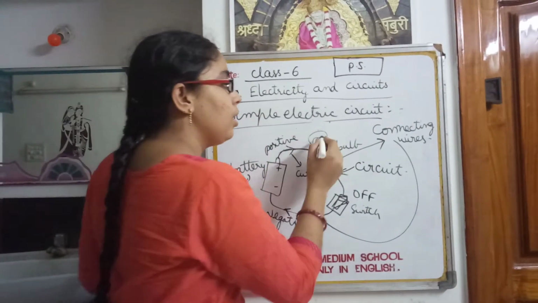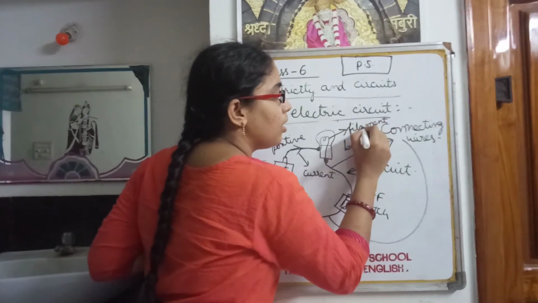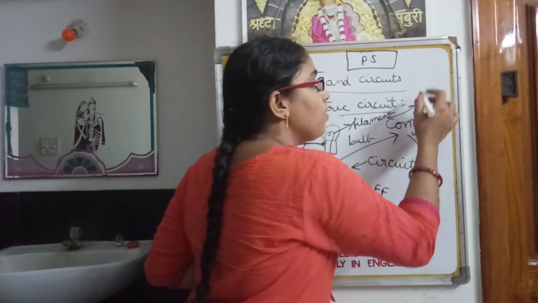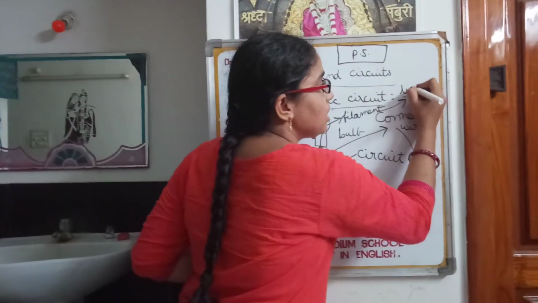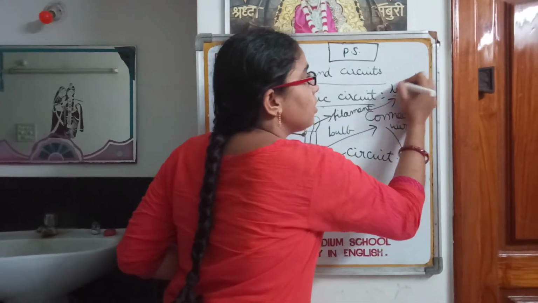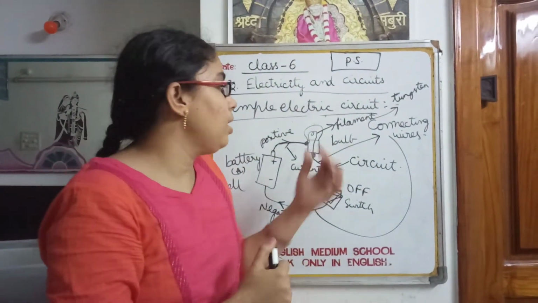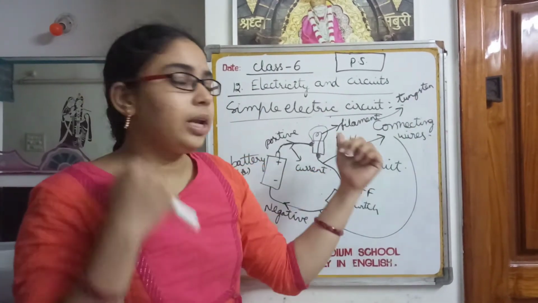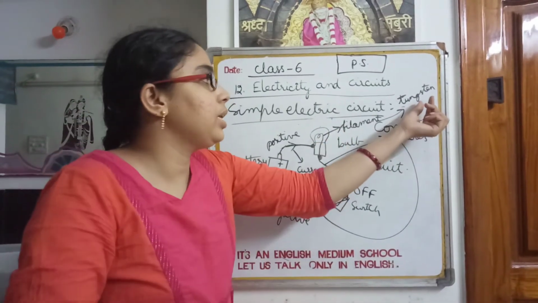That wire is called the filament. The filament is made of a material called tungsten. Tungsten is also a metal, just like gold and silver.